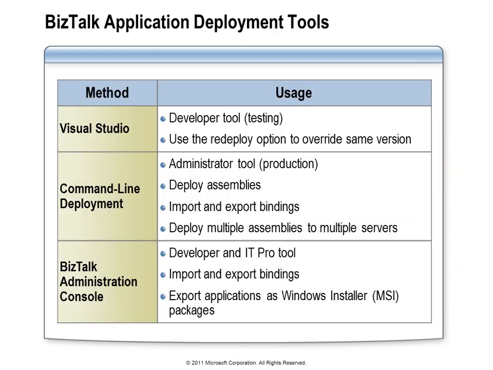There's a pretty decent chance that you'll be using Visual Studio to handle the deployments in your development environment. But once you start migrating your applications to other BizTalk environments, you will need to become familiar with the other tools that can perform deployments. There is, of course, the BizTalk administration console, and you'll probably have a need from time to time to use it to export and import applications, and to export and import application configuration settings, which are also known as bindings.